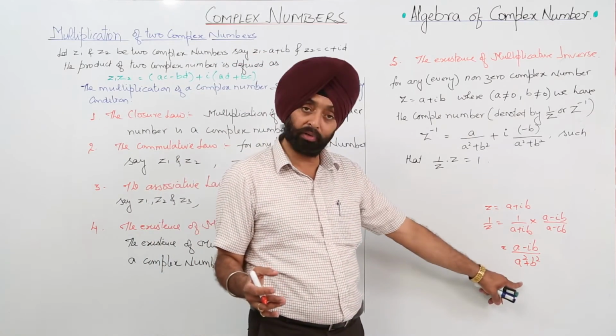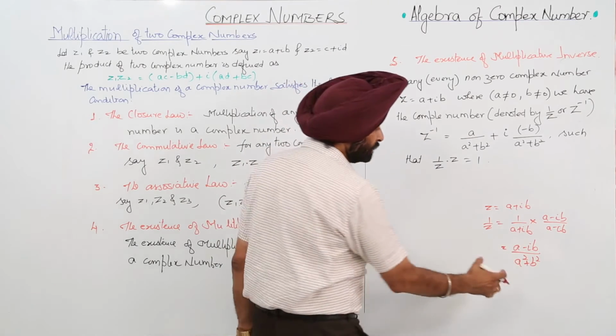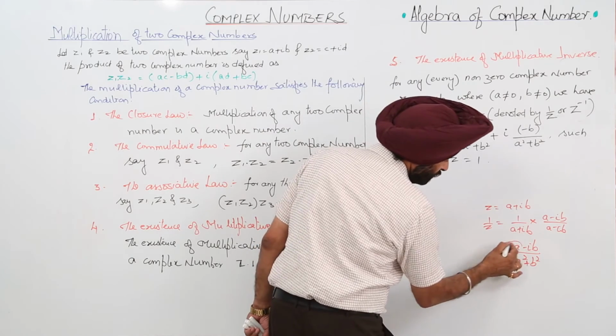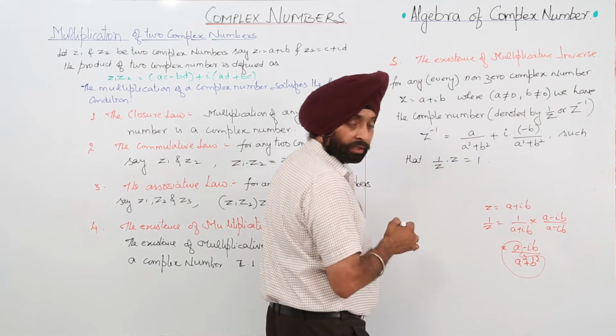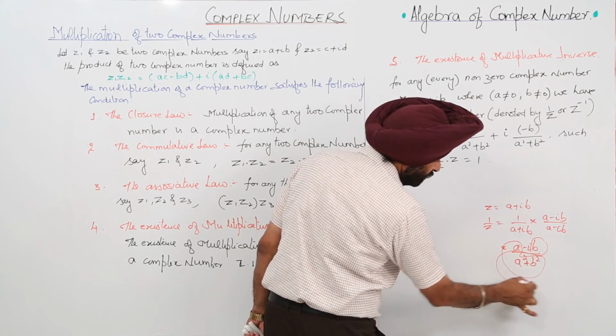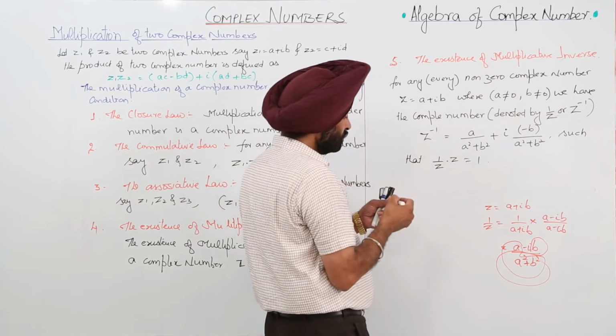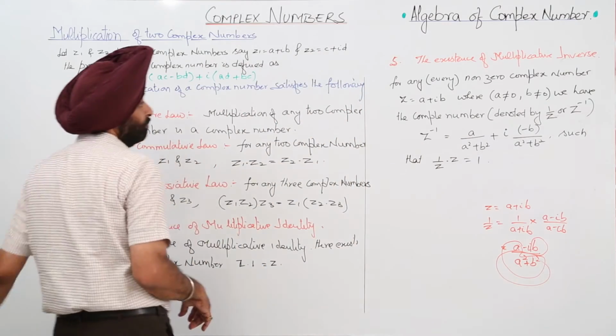That's why I have mentioned plus. Iota square is negative of 1, so this becomes A square plus B square. Now the real part with the denominator, A upon A square plus B square. Imaginary part again with the denominator, minus B upon A square plus B square. So this is the multiplicative inverse.